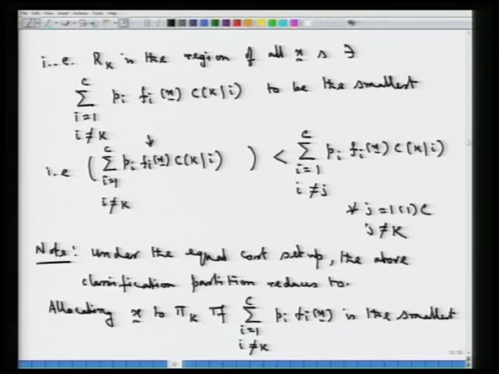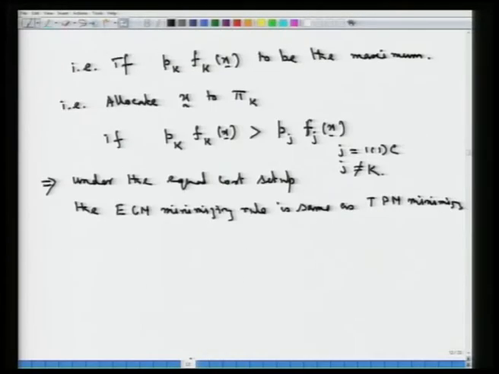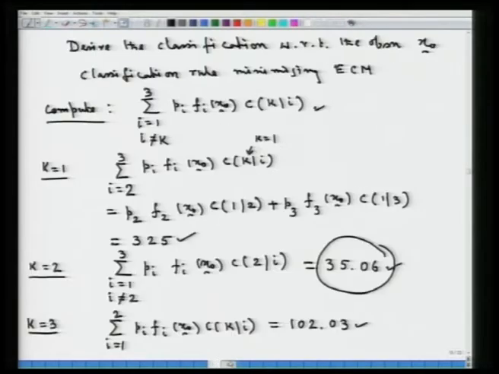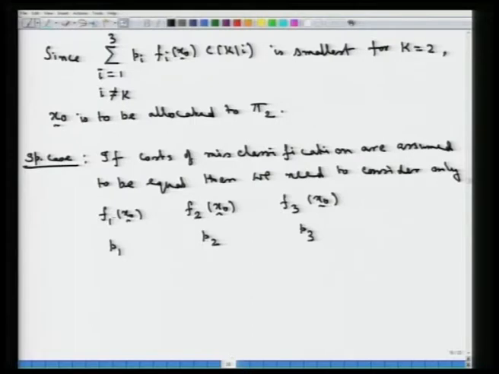We allocate x to pi k, the kth population, if pk fk x is greater than pj fj x for j equal to 1 up to c, j not equal to k, and hence we would just be looking at these quantities.